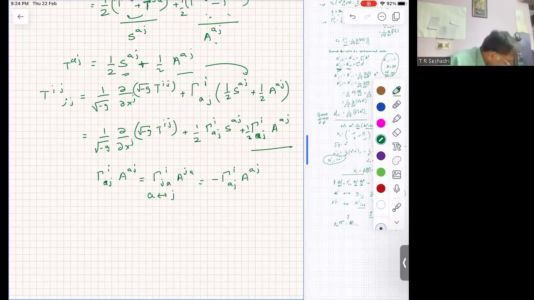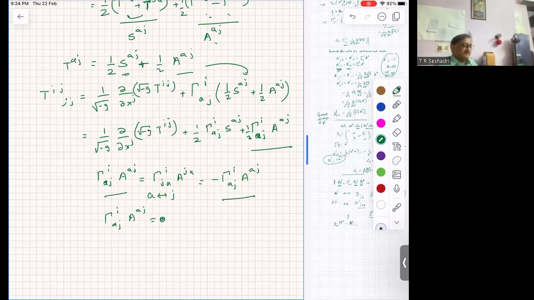So this is equal to minus of itself. So gamma IAJ AAJ is equal to 0. This holds even for matrices: if you multiply a symmetric matrix by an antisymmetric matrix and contract it, it is 0.